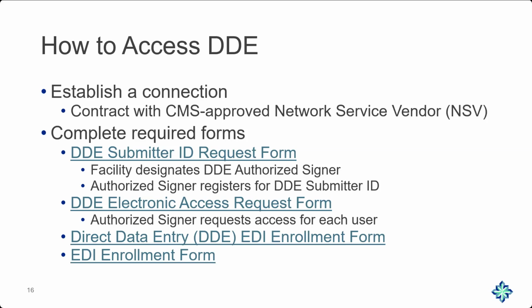I've thrown a lot of things at you in a very short time, but once that initial setup is done and verification is complete, as long as you don't become inactive, get revoked or deactivated, or you fail to recertify when that's required, that's another thing that's done by the authorized signer, then you don't have to go through all of that process again. If none of those things happen, then you're good to go.